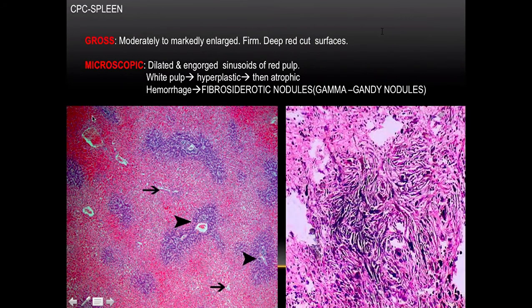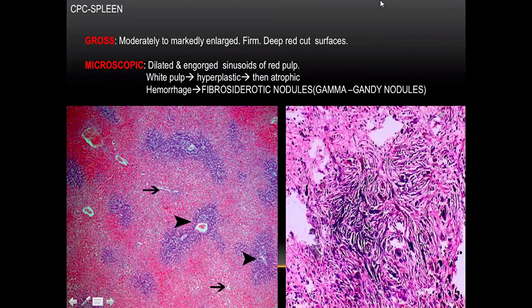So there will be dilated and engorged sinusoids in what part? In the red pulp, no? In the white pulp, they will become hyperplastic. The white pulp are the blue ones, no? Then will become atrophic later on. Then, if there is hemorrhage, when these red pulp increase, there will be a formation of siderofibrotic nodules.